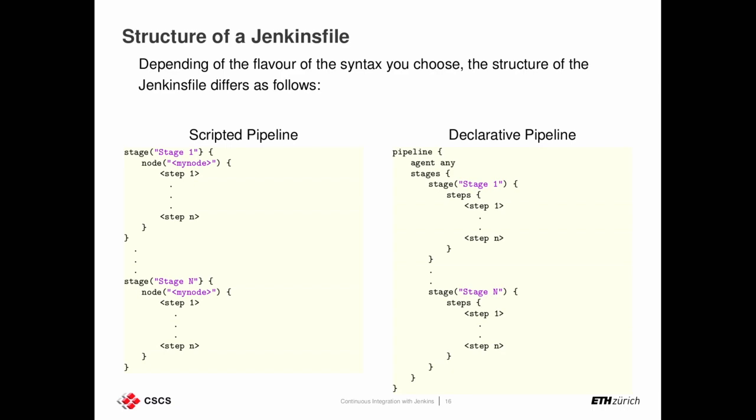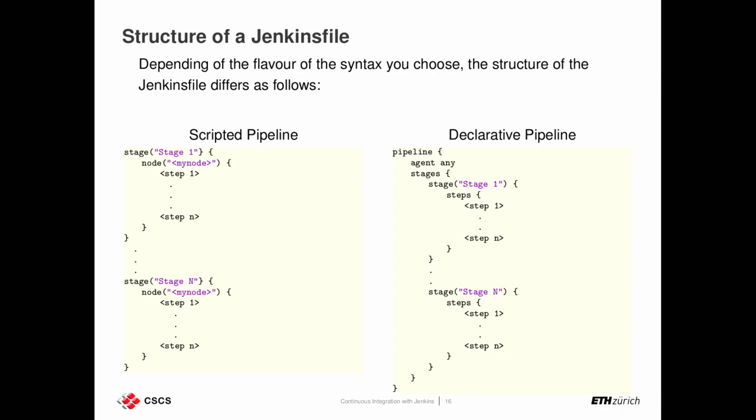The first one is the scripted pipeline. Here you see more or less that you define your stages. Stages group together steps that are somehow related, so you can have steps related to configuring, steps related to build, and steps related to testing, and you can group them together into stages.